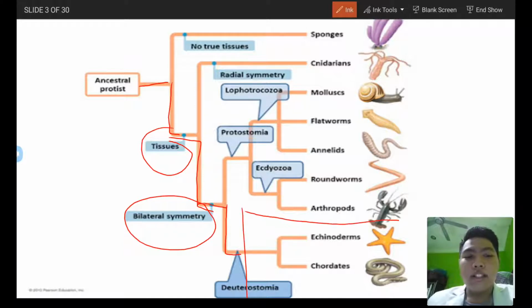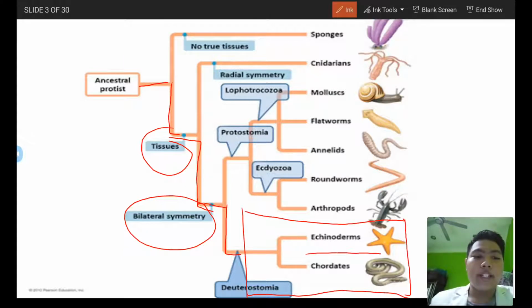So under deuterostomia, there are 2 members, which are the echinoderms and the chordates. I will explain about the echinoderms, and the other presenter will tell you more about the chordates, but mine is the echinoderms. So let's go.